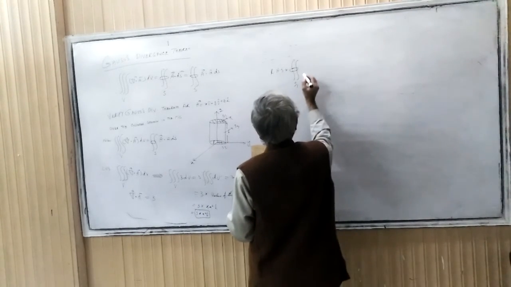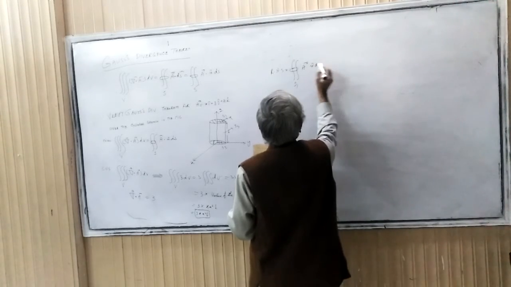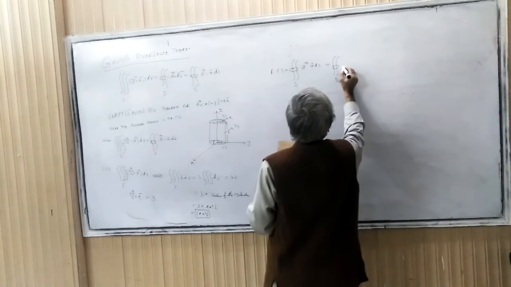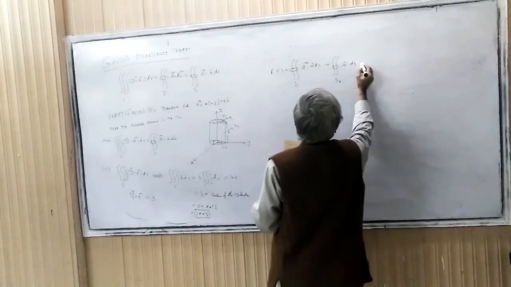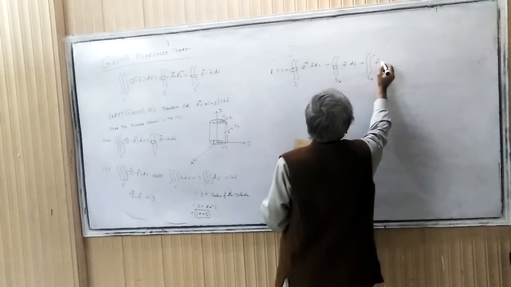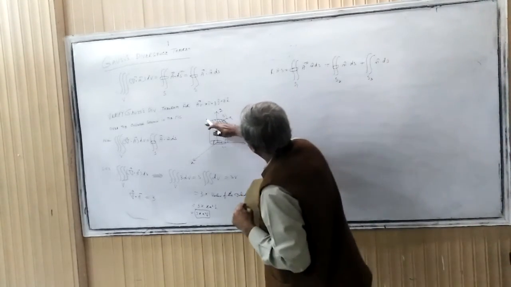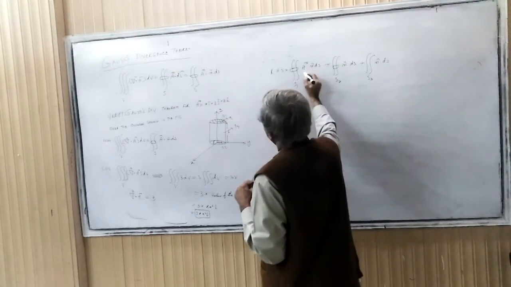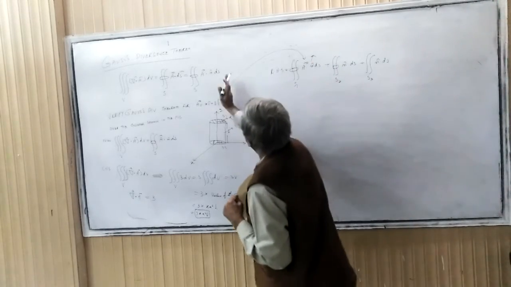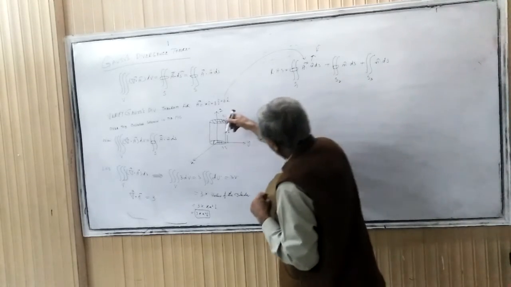So the integral over S1 of A dot N dS plus the integral over S2 of A dot N dS plus the integral over S3 of A dot N dS. Now it is easy, because for the upper surface A is this one, and N is the normal, which is k.